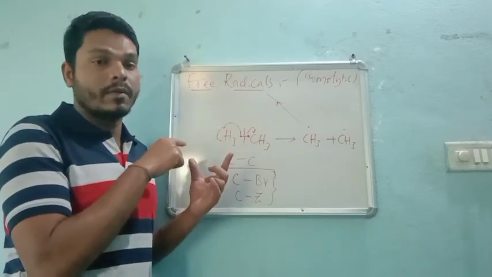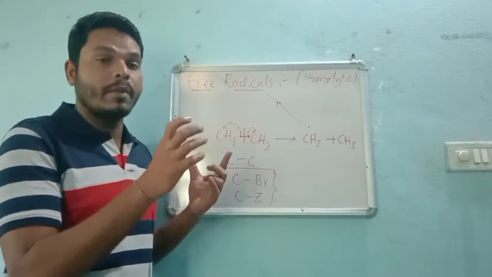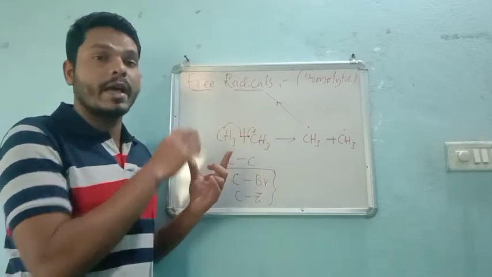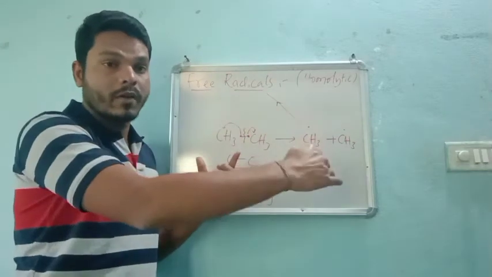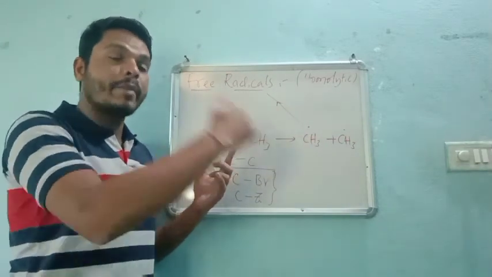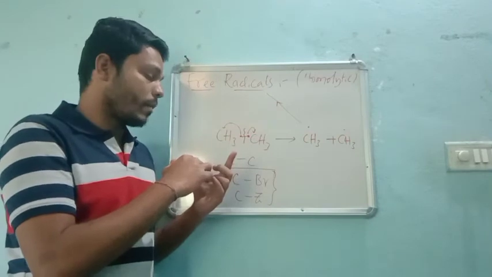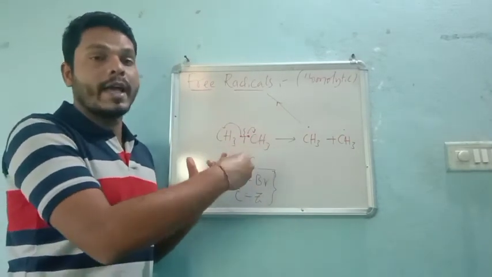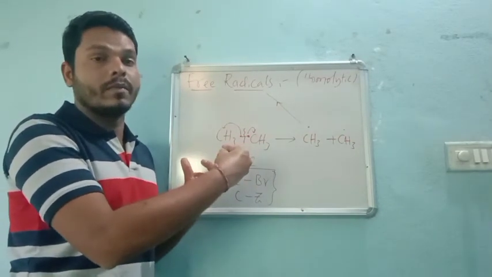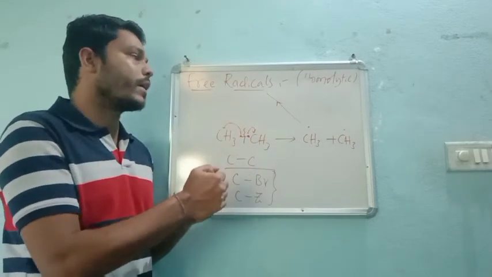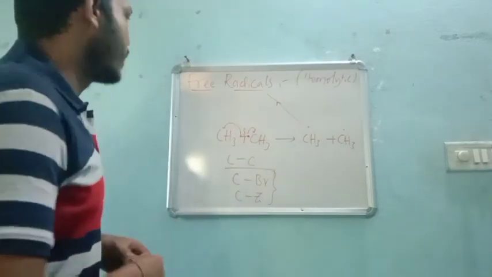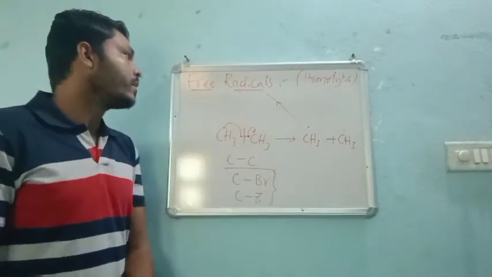That means in one case you keep carbon as less electronegative to get a carbocation, and to get a carbanion you attach the carbon with a less electronegative atom. Then definitely we can get both the carbocation and the carbanion. And finally the free radical.